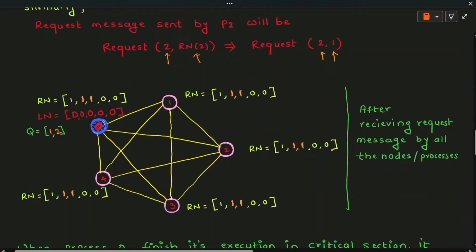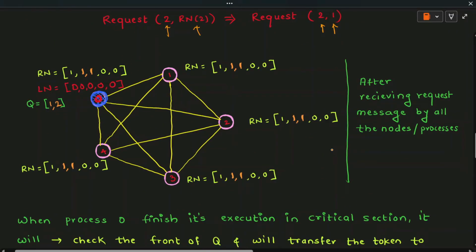Let's go ahead. After the request message is received by all the nodes or processes, the following thing happens. Now we know that site number 1 and site number 2 have made the request for the token, so two requests will be broadcasted on the network. When the request messages are received by other nodes, they will find out these values and change them.